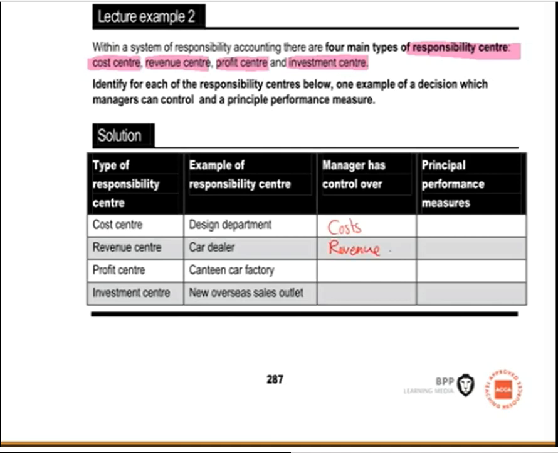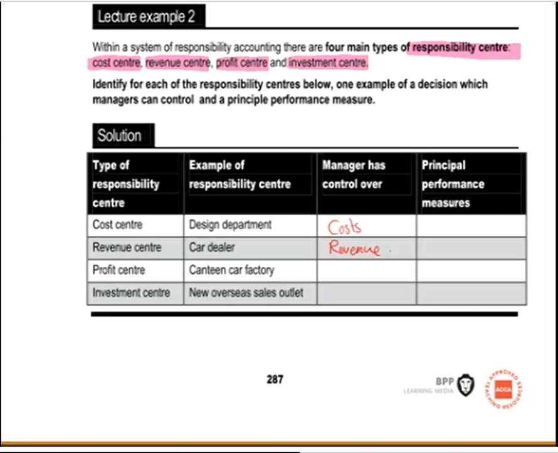So perhaps they can make local decisions about pricing or marketing, but they have little or no control over costs. These are perhaps determined centrally. So our car dealer has no control over the cost of manufacturing the car, but they can control the way in which those cars are marketed, and hopefully with an effective sales team, they can generate significant revenues.